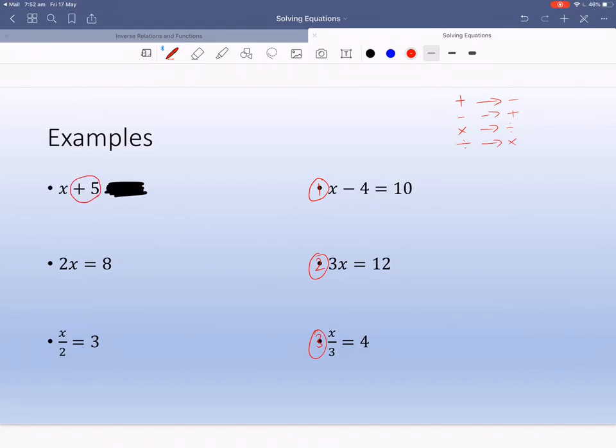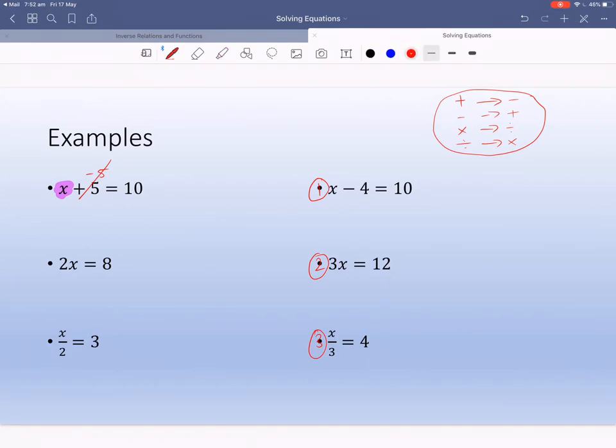So what I have to do is minus 5, the opposite of plus, hence this information here. The opposite of plus 5 is minus 5, so I'm going to cross that out. That's really good because all I have is the x by itself here, and that's what I want.